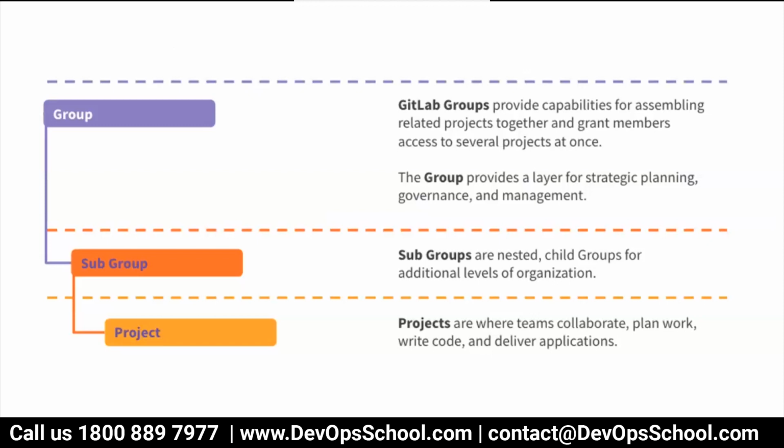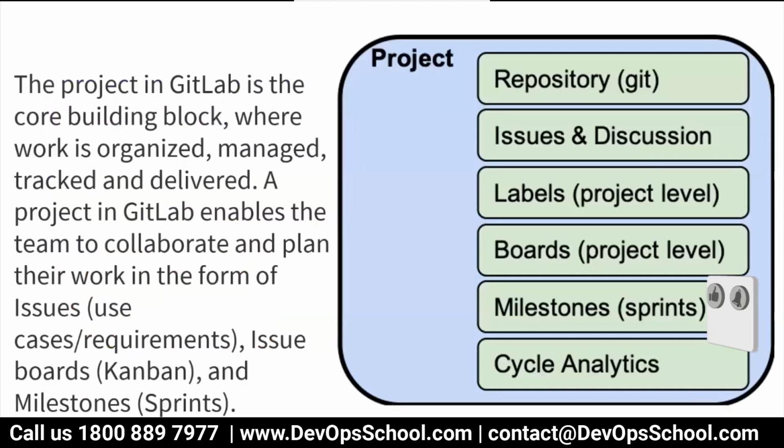So in terminologies, you see at GitLab: project, group, subgroup, and project. But here you have a correlation with Agile also. For example, look at this here. Milestone can represent a sprint.